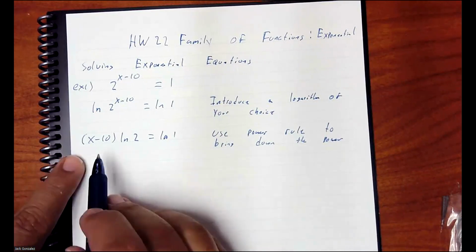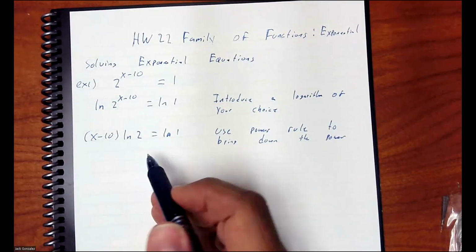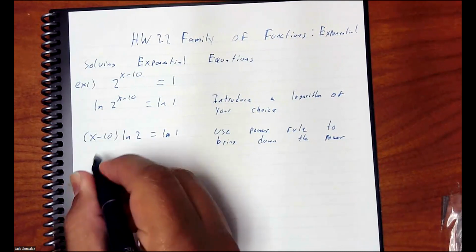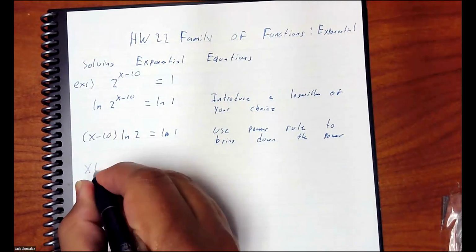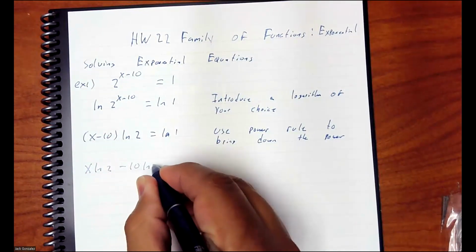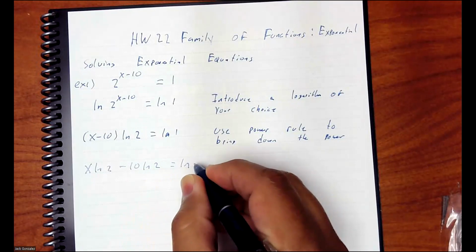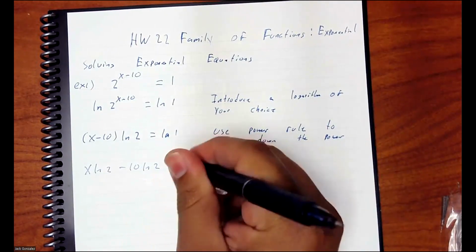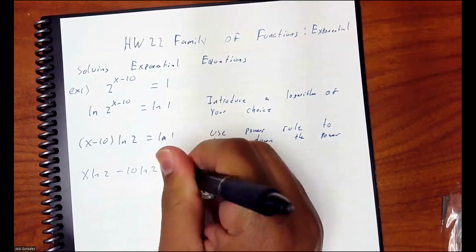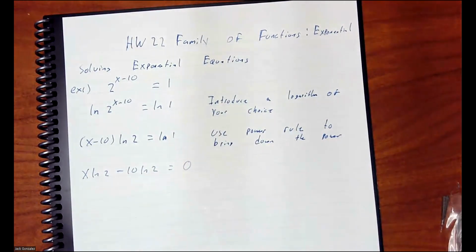Okay, so right now there's an x - 10 times ln2. Just distribute the ln2. So it'll be x times that, and -10 times that. ln1, though, is 0. If you plug in 1 into any logarithm, it will always be 0.